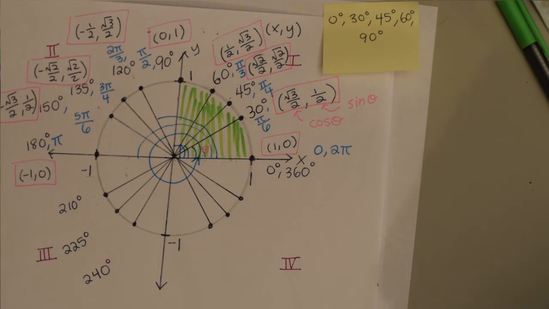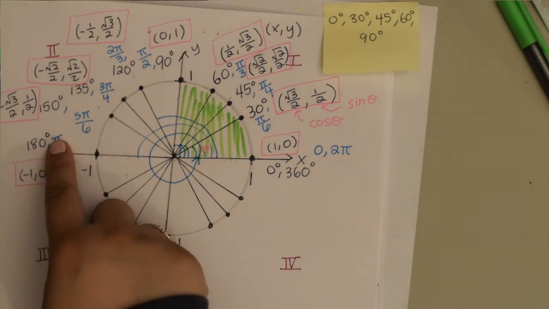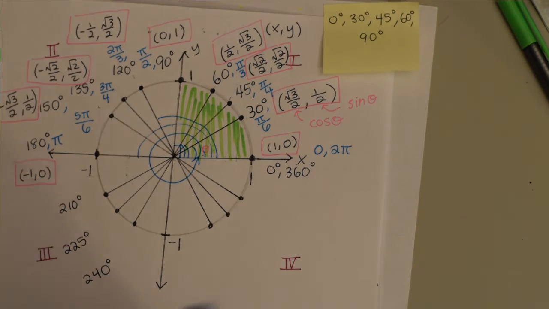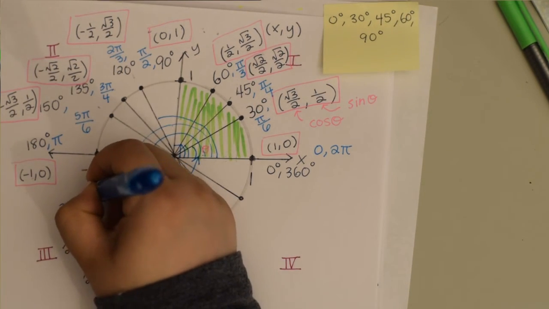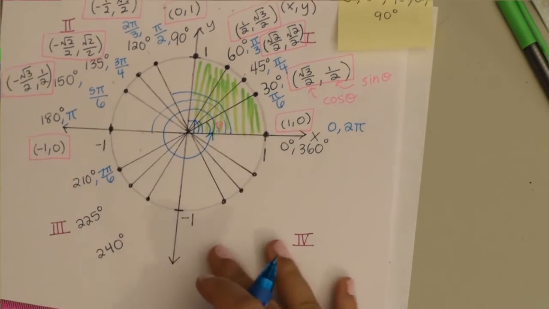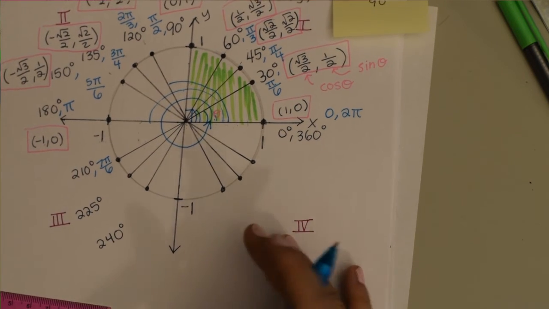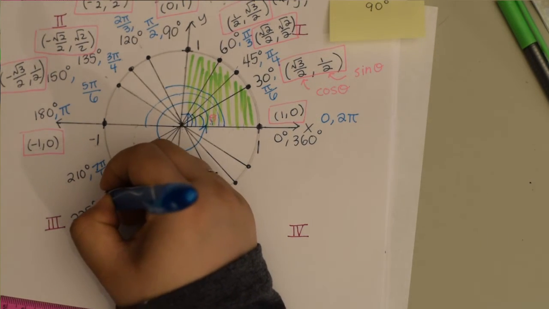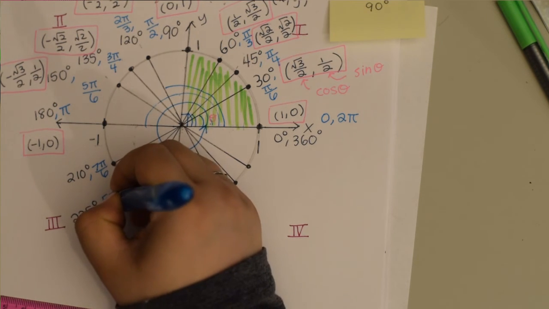And then in radians, that's going to be pi plus pi over 6, right? Because pi plus pi over 6 is 7 pi over 6. And then pi plus pi over 4 is 5 pi over 4.